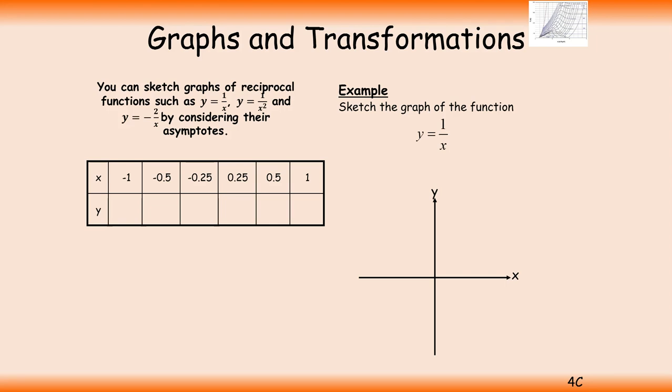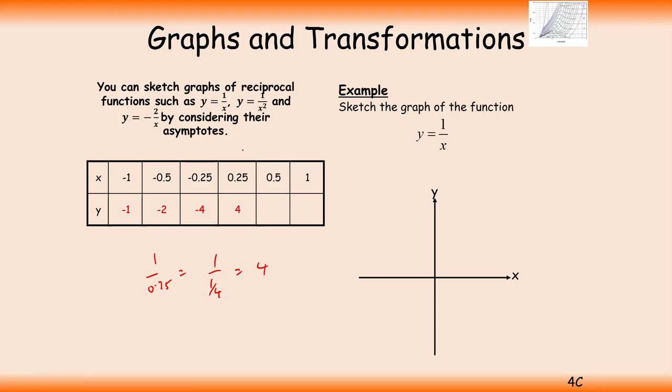Okay. So that means you've sketched it. 1 over minus 1 is 1. 1 over minus 0.5 is minus 2. 1 over minus 0.25 should have minus 4. 1 over a quarter, because it's 1 over a quarter, means we can write it as 1 over 0.25 equals 1 over a quarter, which is just 4.